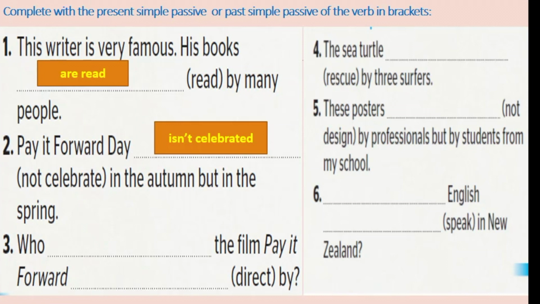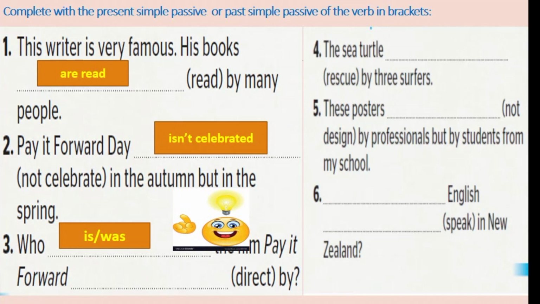Number 3, right? Who is? Yes, number 3. Who is, or we can say who was the film directed by. We can use it either in the present or in the past. Both are correct.